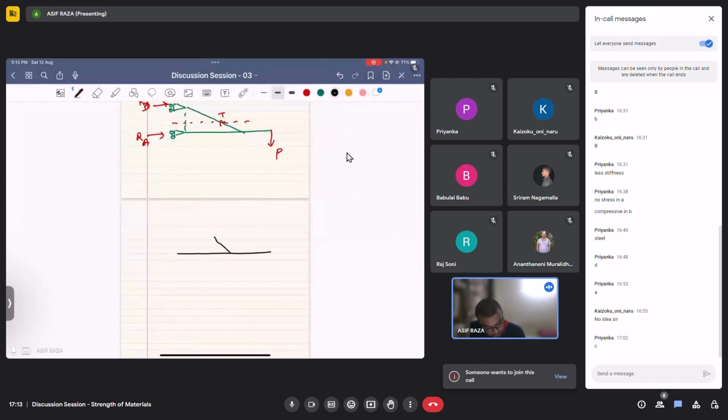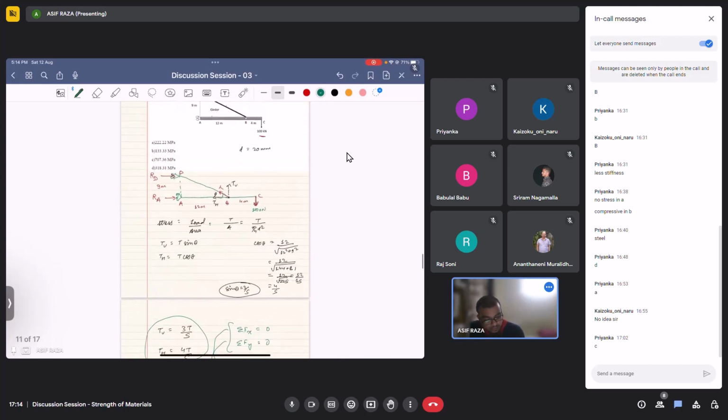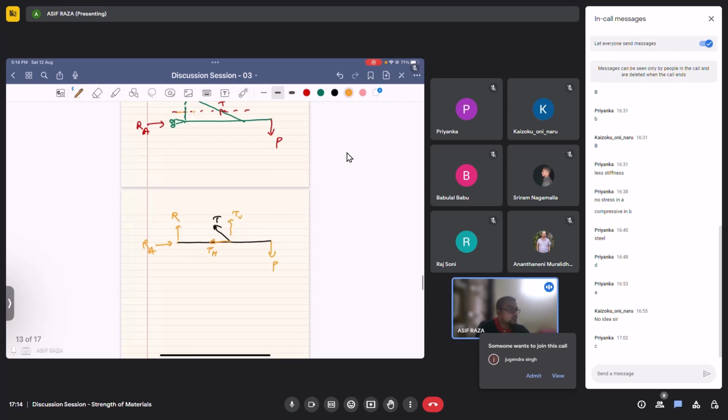So tension T would be resolved to TV and TH, and a reaction will be generated here also. Since we are cutting here, let us take it as RA and here as P. That's why if I take sigma Fy equal to 0, that is also not coming out to be the same.